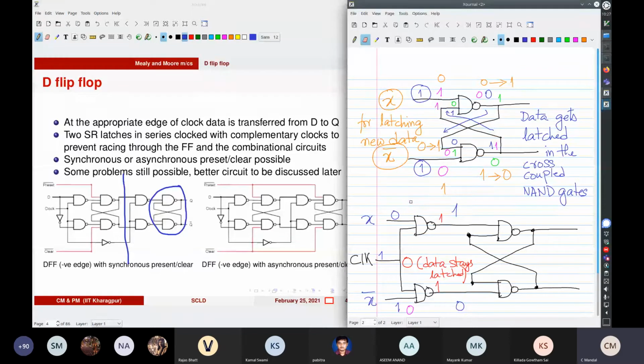If you apply a 1 here and a 0 here, then the output is that you get a 0 here and a 1 here.